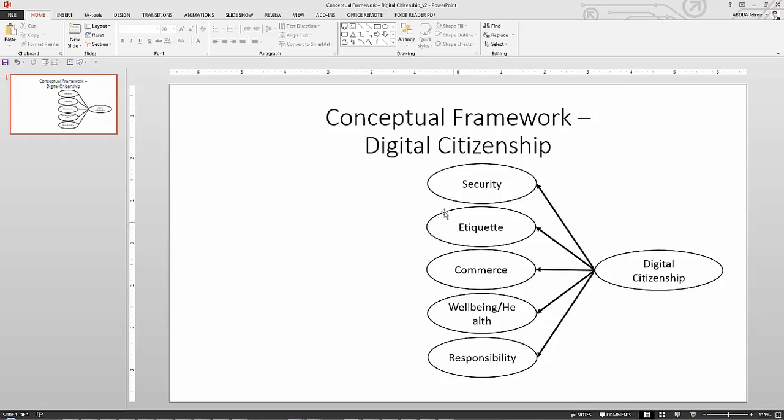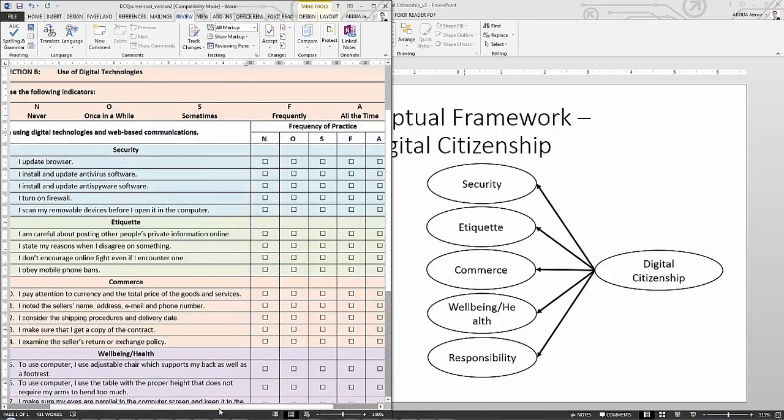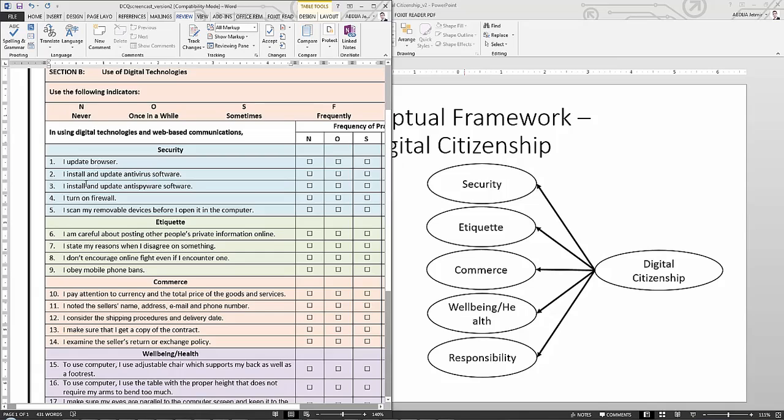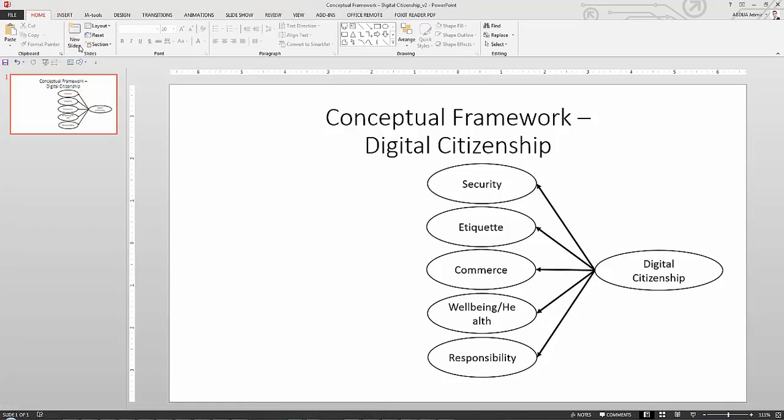To complete our framework, we would also draw the items or the indicators. So if we look at our questionnaire, we have 1, 2, 3, we have 5 items for security. So we would insert our items.